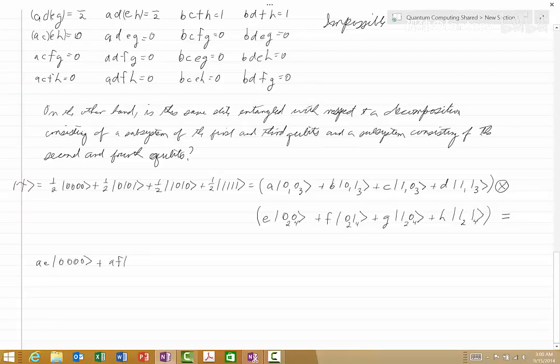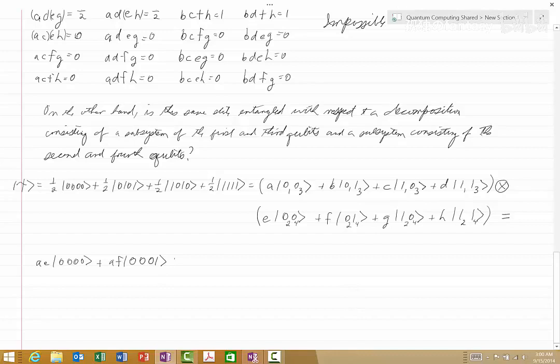Now keep in mind that this term gives a 0 in the first position, and then this gives the 0 in the second position. This gives the 0 in the third position, and then this gives the 1 in the fourth position. So we have AF|0001⟩.